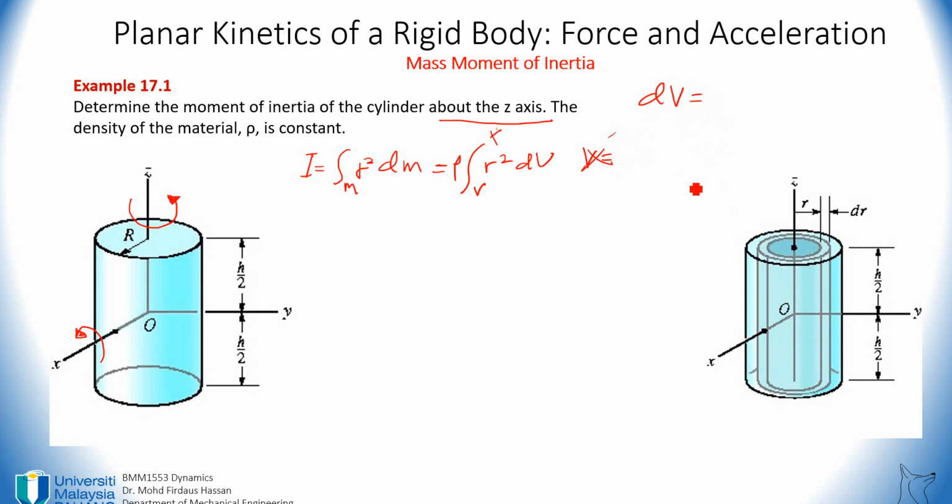Let's say this rigid body basically can be formed if you have multiple layers of shell element. For example, you have a small one like this. You have another one a bit bigger.